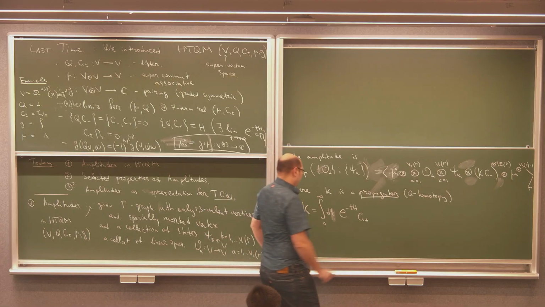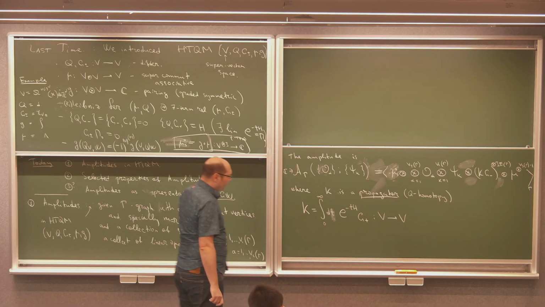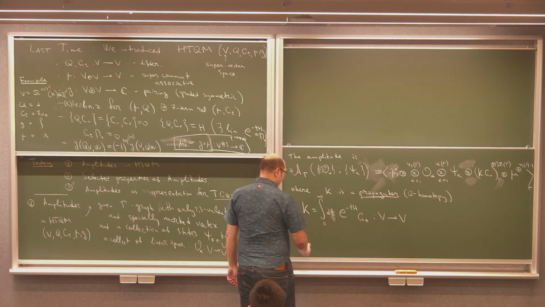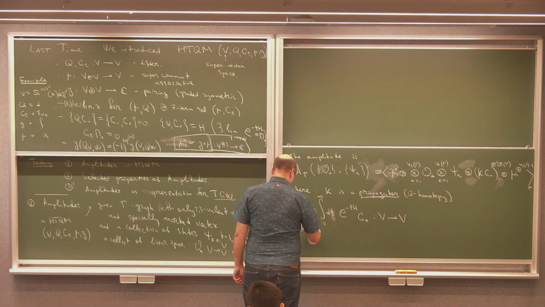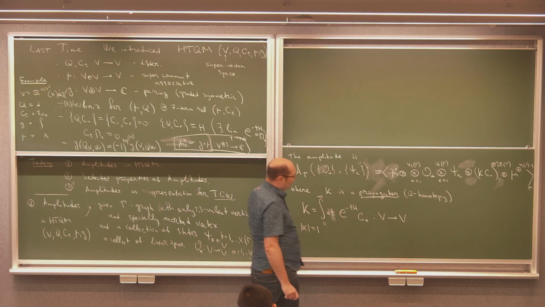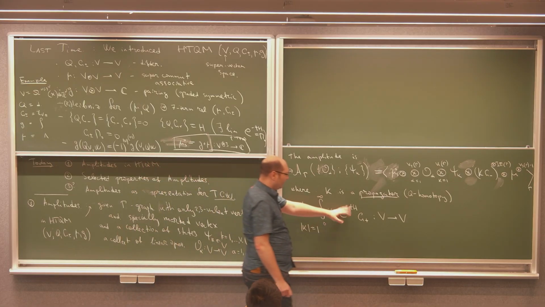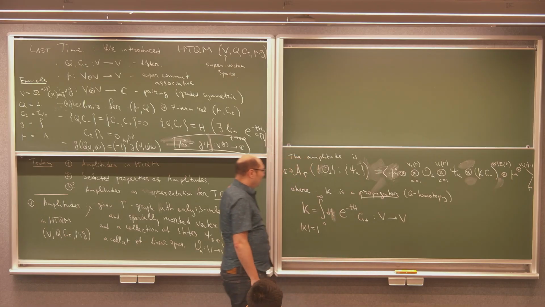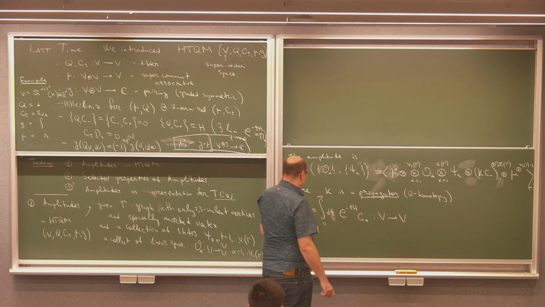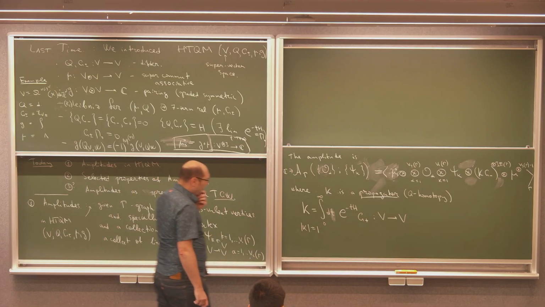This is a linear operator from V to V. It is parity odd, because e to the Hamiltonian is an even operator, so the exponent of an even operator is even, and then we compose it with G plus, which is an odd operator. Therefore the parity of K is 1.